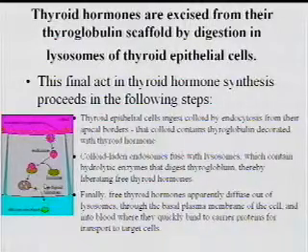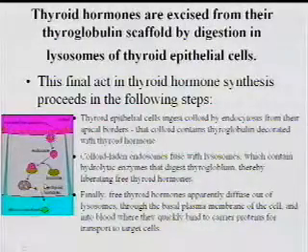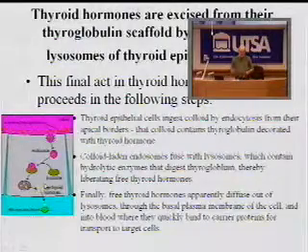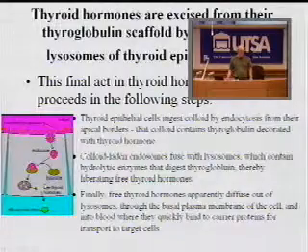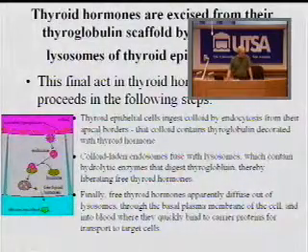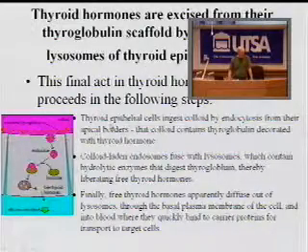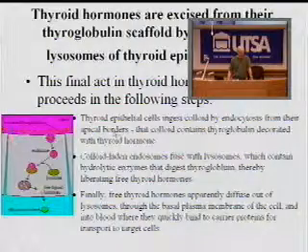Remember that the lipid-soluble hormones are not stored in vesicles and then released through exocytosis. As soon as they're synthesized, they're released. So the final act in thyroid hormone synthesis proceeds in the following steps. The thyroid epithelial cells ingest the colloid by endocytosis from the apical borders.